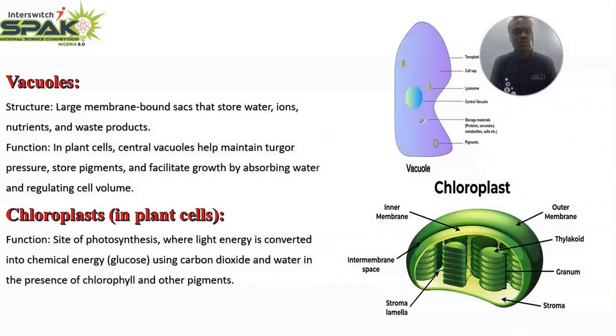Now, the vacuole is like a large membrane sac that stores a lot of ions, nutrients, and waste products. They function in plant cells. We have a very large, centrally placed vacuole that helps the cell maintain turgor pressure. It also stores pigments and facilitates growth by absorbing water and regulating the volume of the cell.